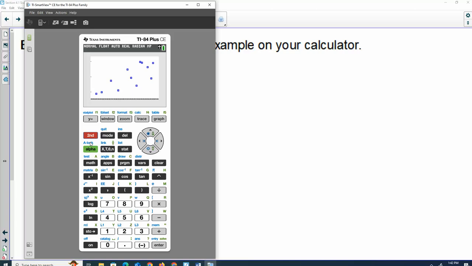So I need you to hit second and catalog. Second and the 0 button takes you into your catalog. Okay, and we are going to scroll down until we get to the D's. And we want the one that says diagnostic on.